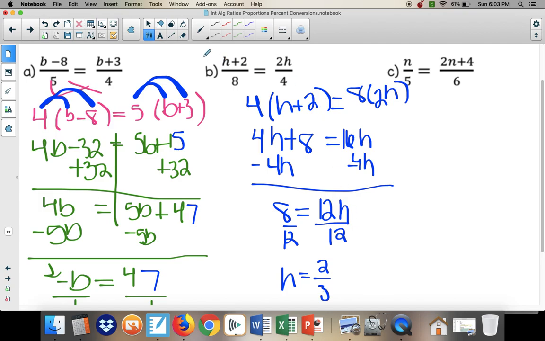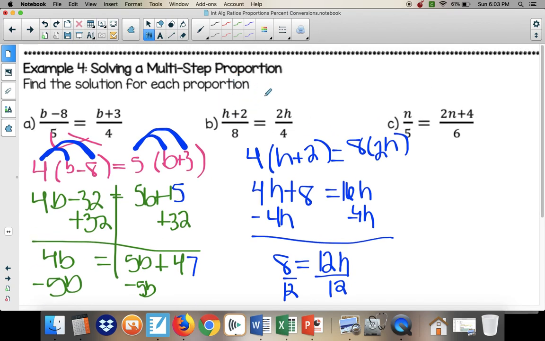So now, if I go back and check this, 2/3 plus 2, so 2 and 2/3 times 4 gives me, let's see, 8/3 times 4 is 32/3.